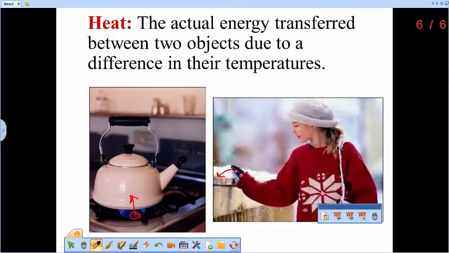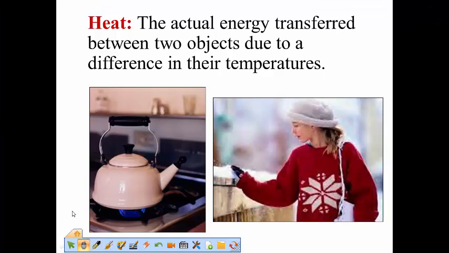If heat is flowing out this way, okay, then the ice itself is taking heat in while the hand is losing that heat. Here, the kettle is taking the heat in while the surroundings are losing that heat. It's always a trade-off between energy transferred in and energy transferred out.